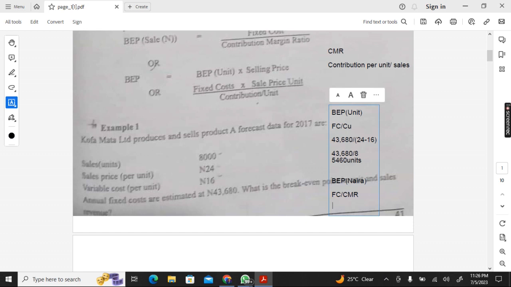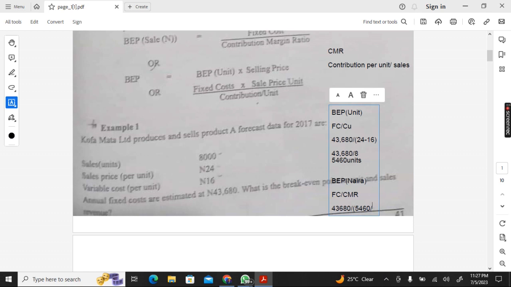So that means that we have 43,680 divided by contribution per unit, which is 5,460?